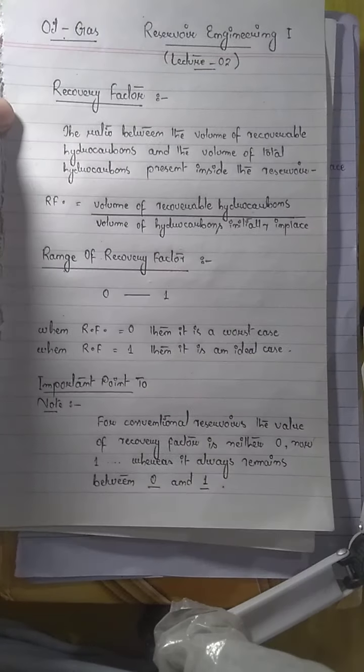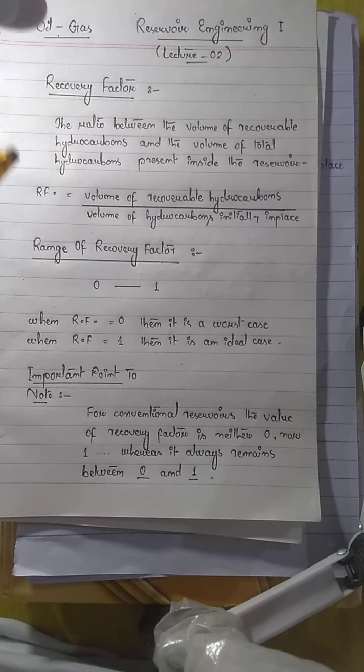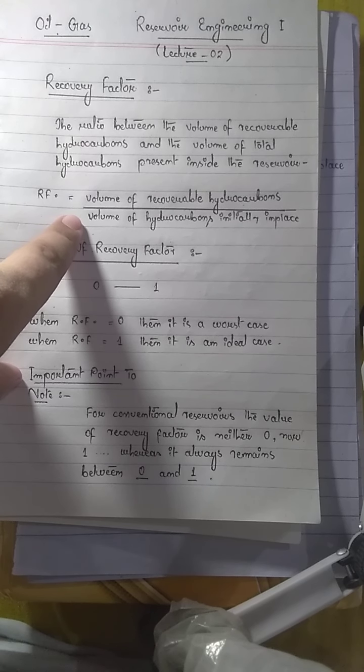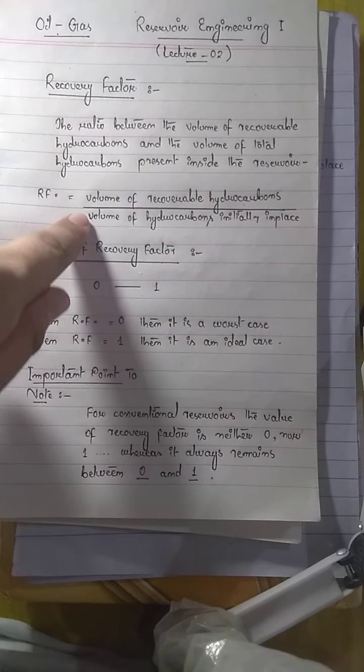I told you in lecture number 1 that the volume of hydrocarbons present inside the reservoir and the volume of hydrocarbons which are recoverable are two entirely different things. We cannot recover 100% of the volume present inside the reservoir. The volume of recoverable hydrocarbons is put in the numerator, and the total volume present inside the reservoir at initial condition when the reservoir is discovered is put in the denominator.